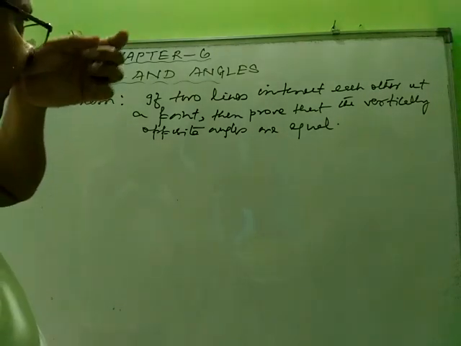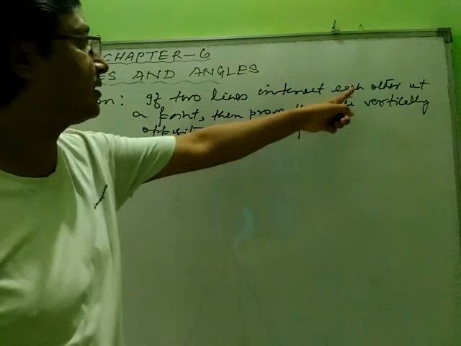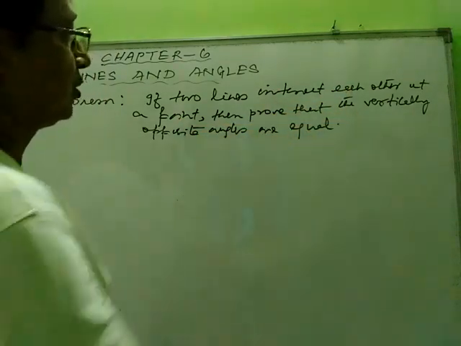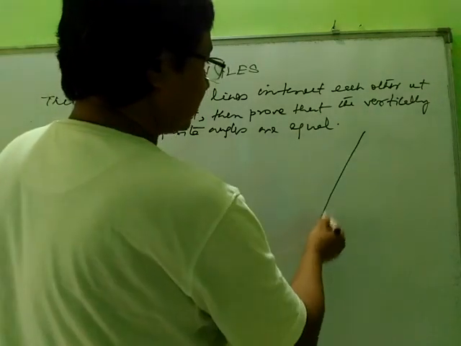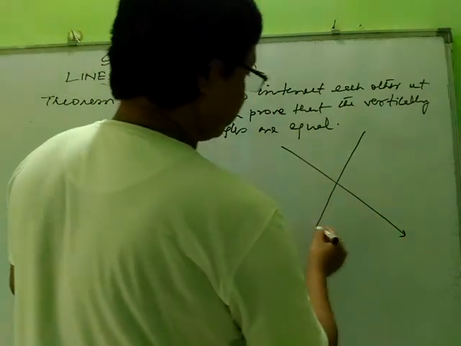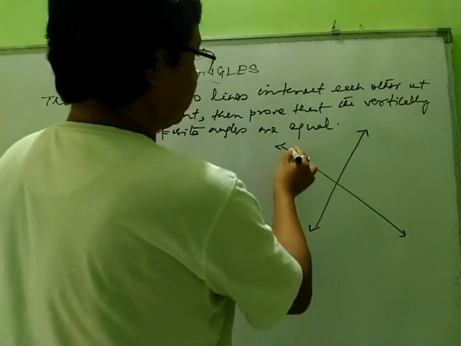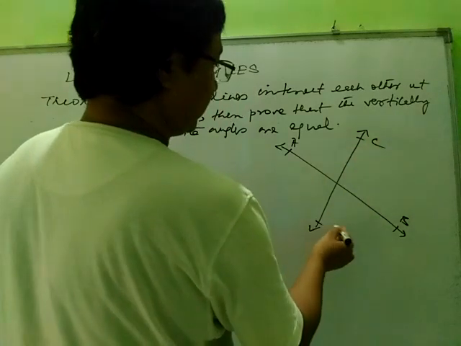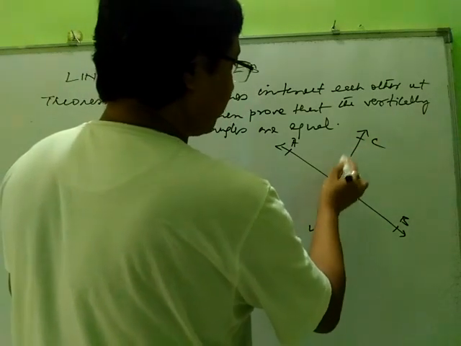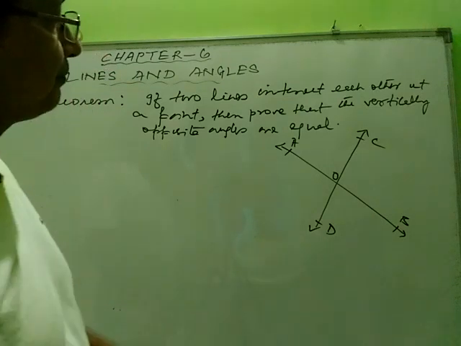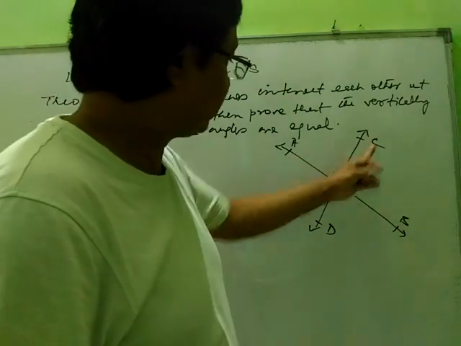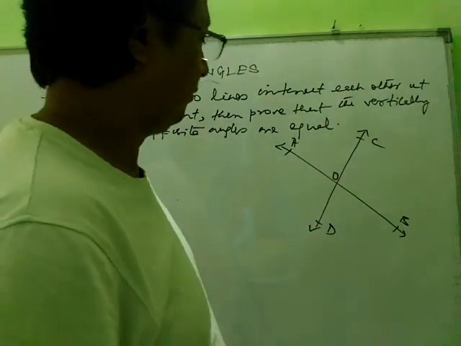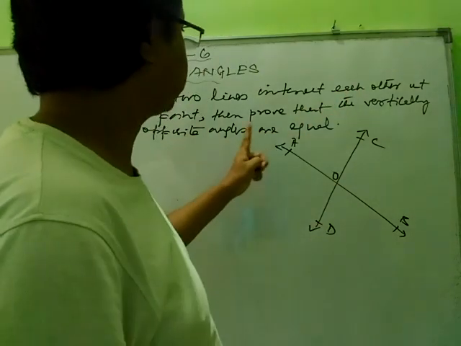Here the statement is given: if two lines intersect each other at a point, then prove that the vertically opposite angles are equal. So let us take two lines, A, B, C and D, meeting at this point O. Now if the lines AB and CD intersect each other at point O, you have to prove that the vertically opposite angles are equal.